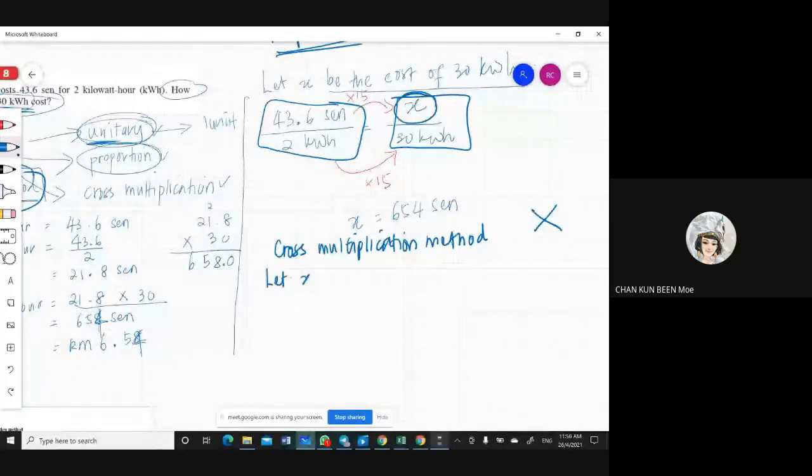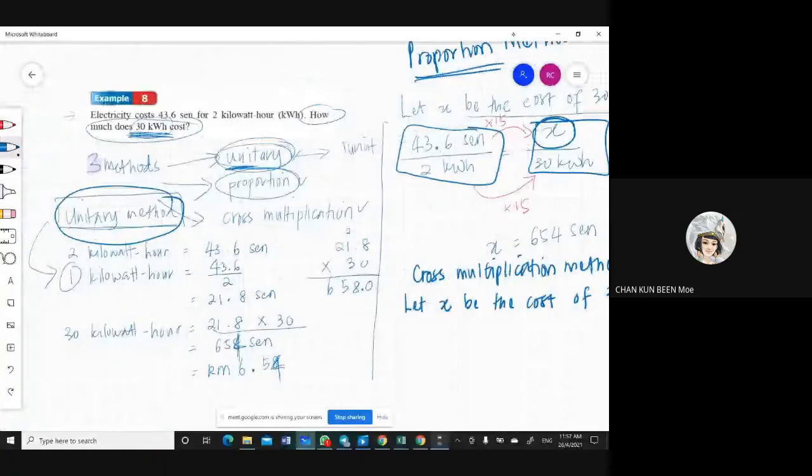Assumption means you have to make an assumption, say what x is. So let x be the cost of 30 kilowatt hour, because this is requested in the question.